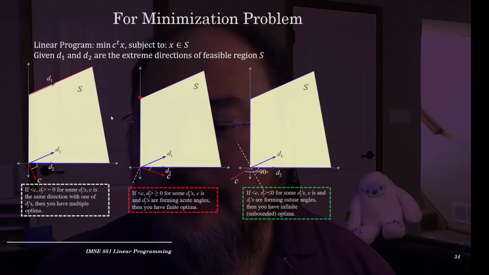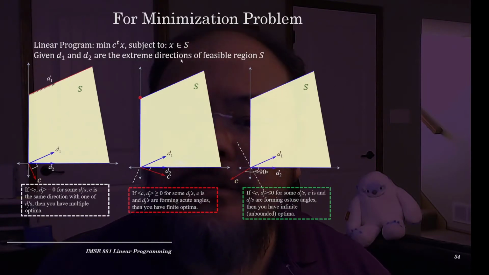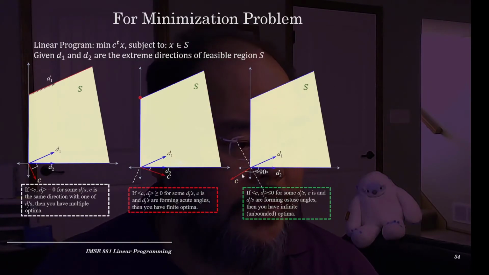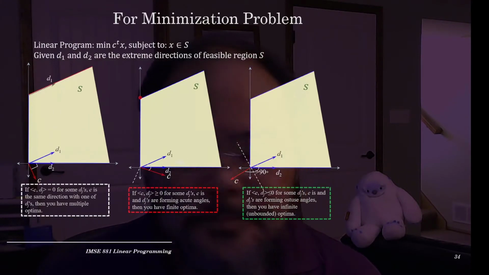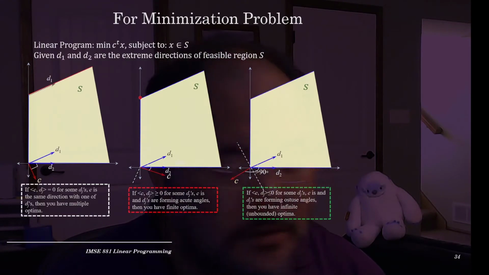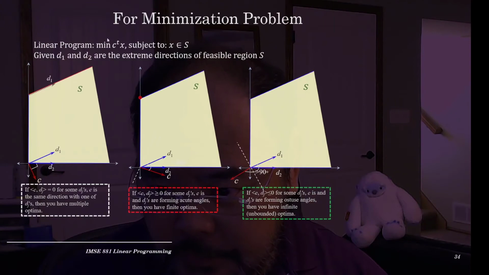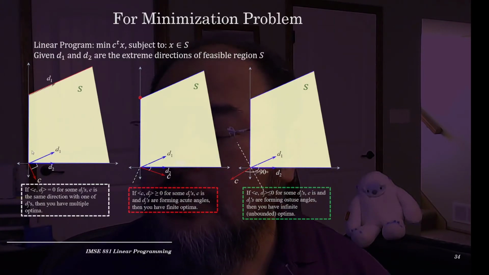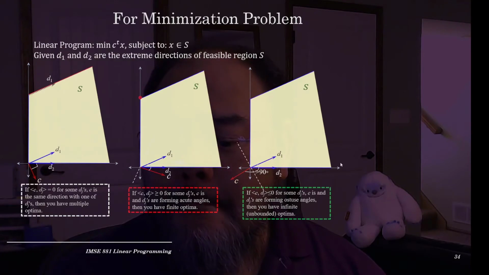So now we're using this particular slide to introduce the relationship of your coefficient vector to all the extreme directions in your feasible region defined by S. Okay, this is a very important theory.